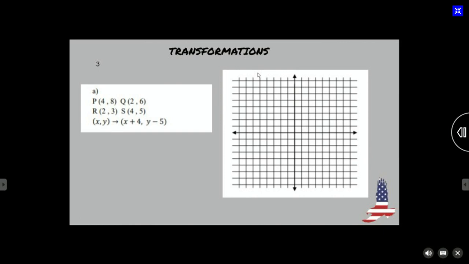What is your rule? When you look up at your problem 3A, what am I referring to when I say look at your rule? What are we doing to X? +4, and what are we doing to Y? -5. So that's my rule right there, guys.